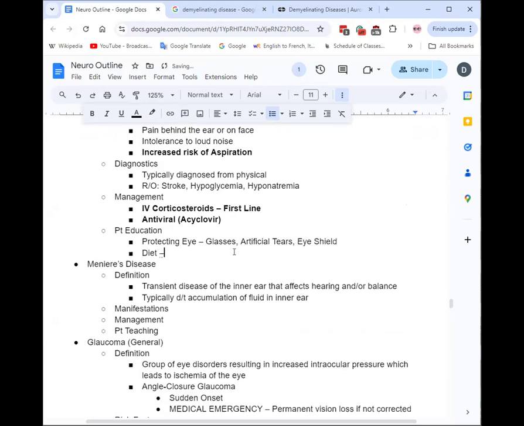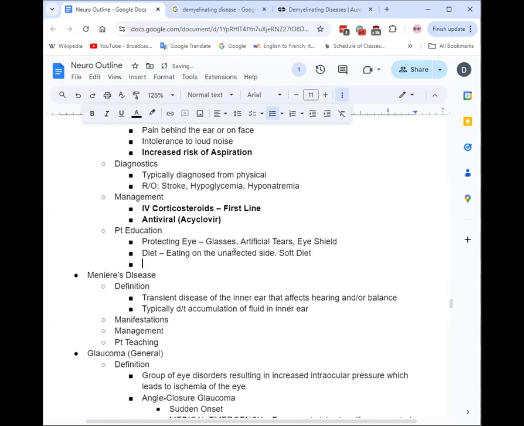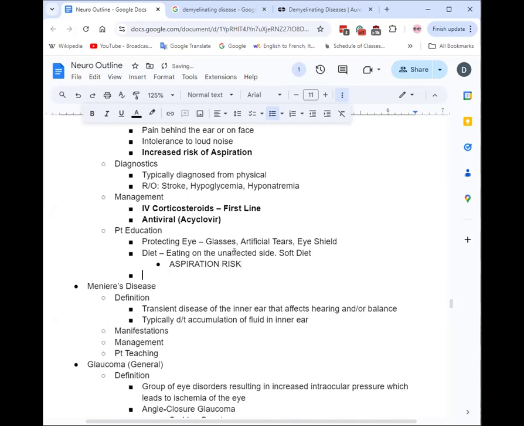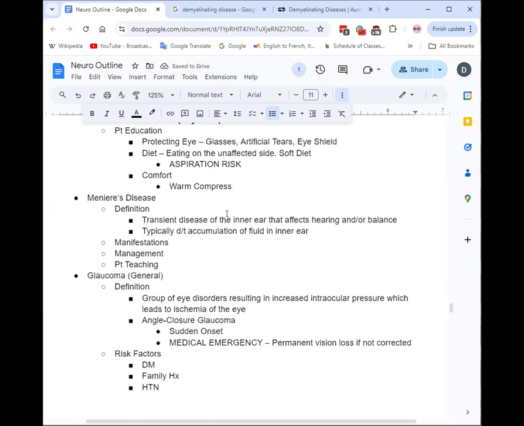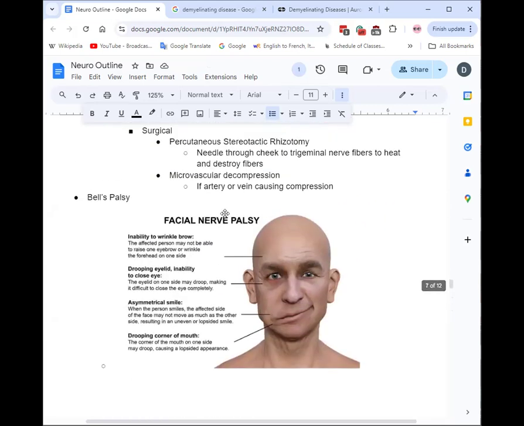Diet would involve eating on the unaffected side, similar to a stroke patient, maybe a soft diet. And obviously there are aspiration risks. So again, that's your main thing. Maybe some comfort, maybe a warm compress. That's probably the main thing you want to think about for that.